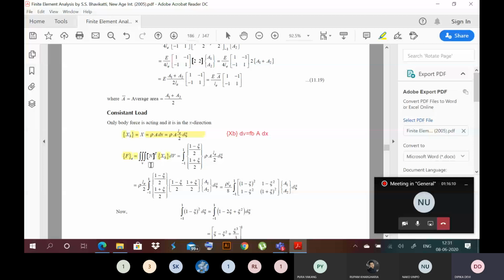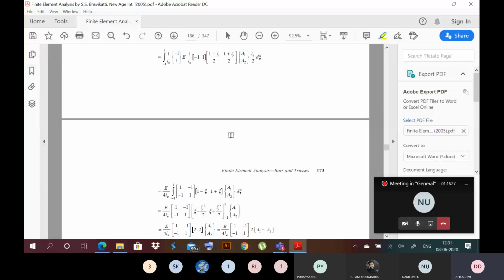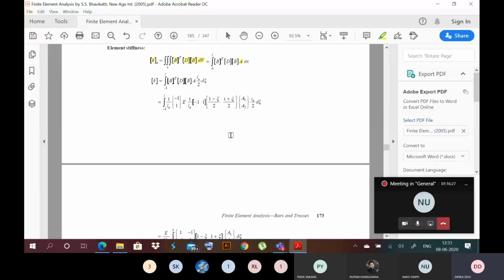Then put the value of A from this, equal to N1, N2 times A1, A2. Replace the value of A here and write N transpose as a column vector, then do the multiplication. After the multiplication, you will get this matrix, and do the integration element-wise. After the integration we get a 2 by 2 matrix, multiplied by A1, A2.